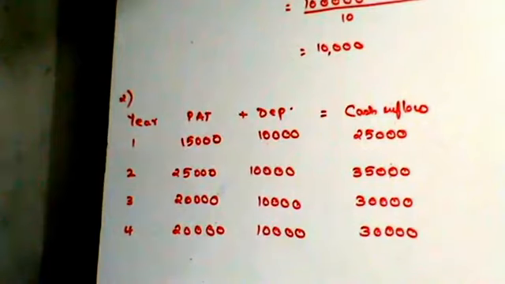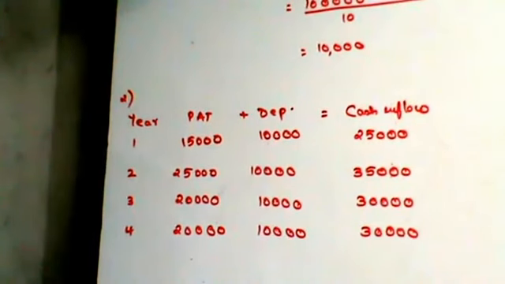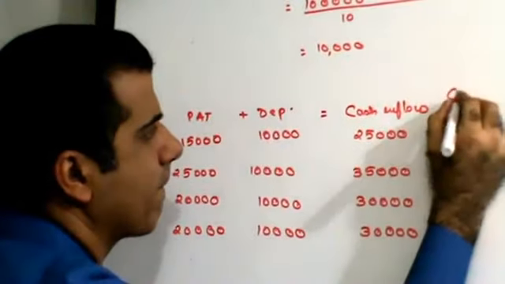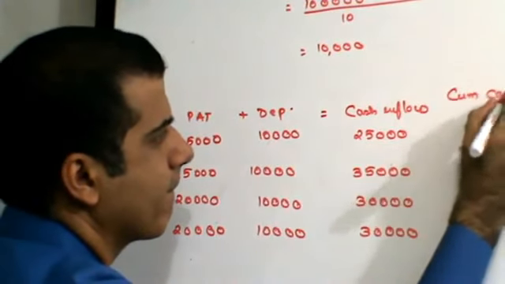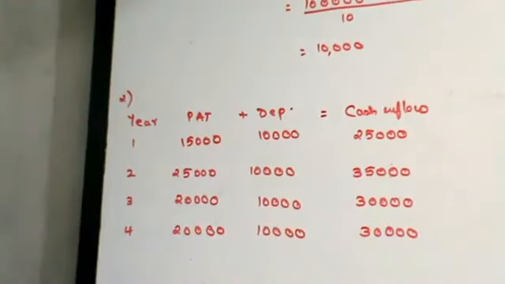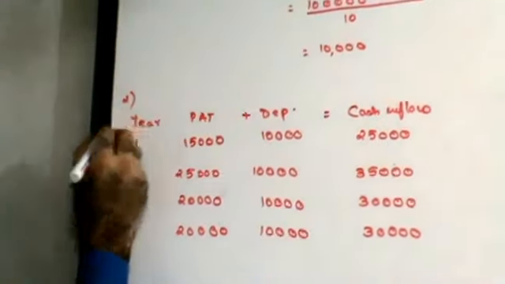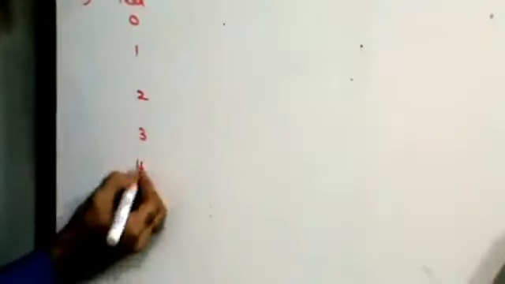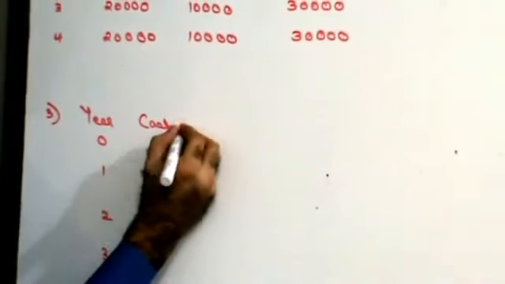Once you have cash inflow, then you find out your cumulative cash inflow. Or you can make a separate table. You have your cash inflow, then you will make another table. Years 0, 1, 2, 3, 4 cash inflow.